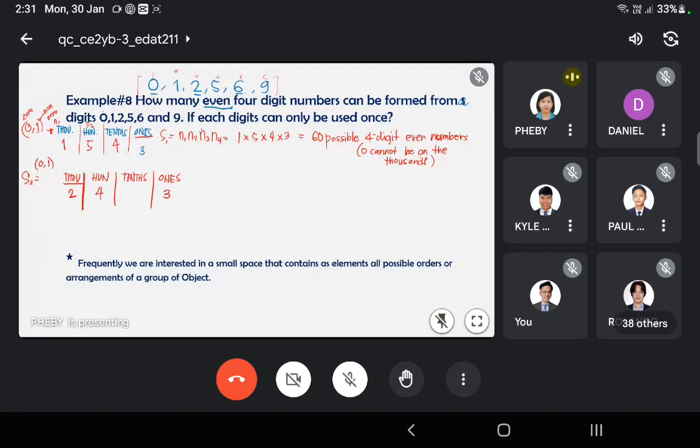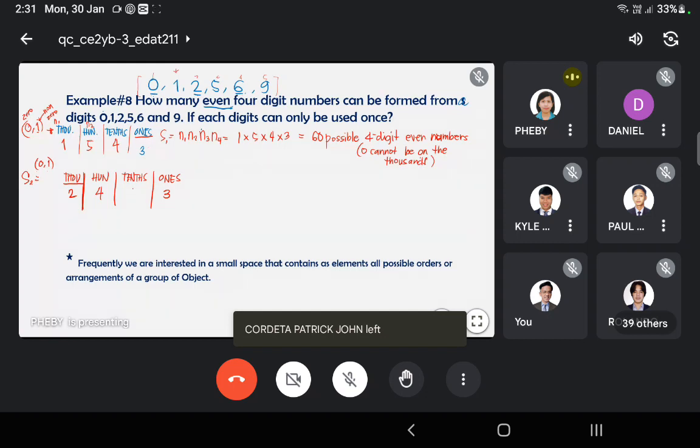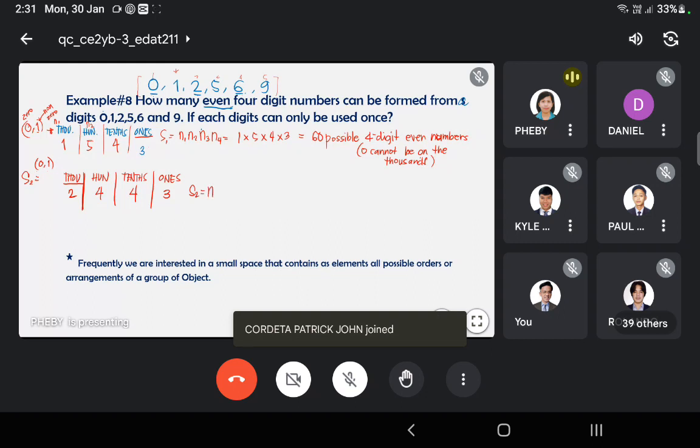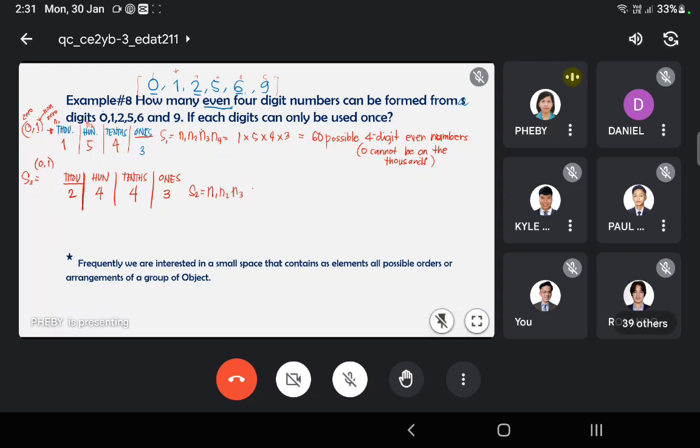4. And also, these 4 can be also choices for our tens. So, ang ating S sub 2 is n sub 1, n sub 2, n sub 3, and n sub 4 is 2 times 4 times 4 times 3.